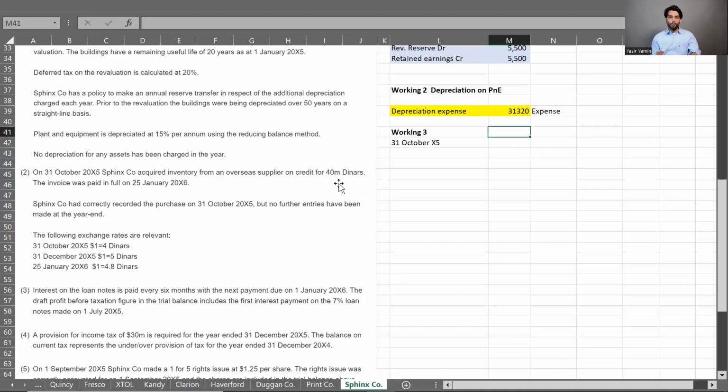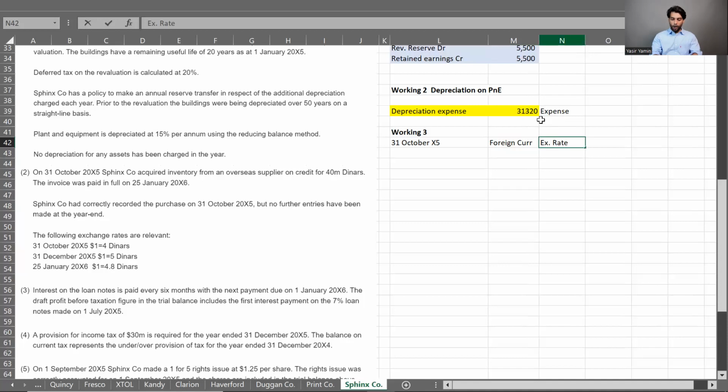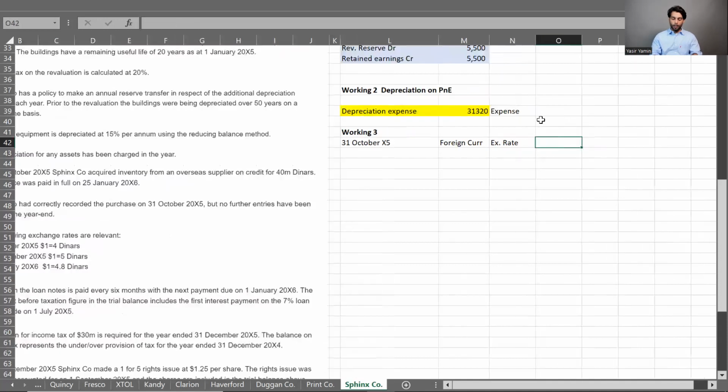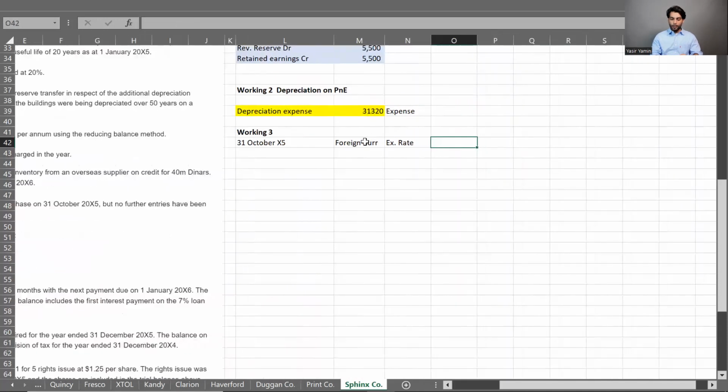Make 1 column for foreign currency, then make 1 column for exchange rate, then make 1 more column for local currency. All right. So the format that you will have to follow is that you make 3 columns. Done?